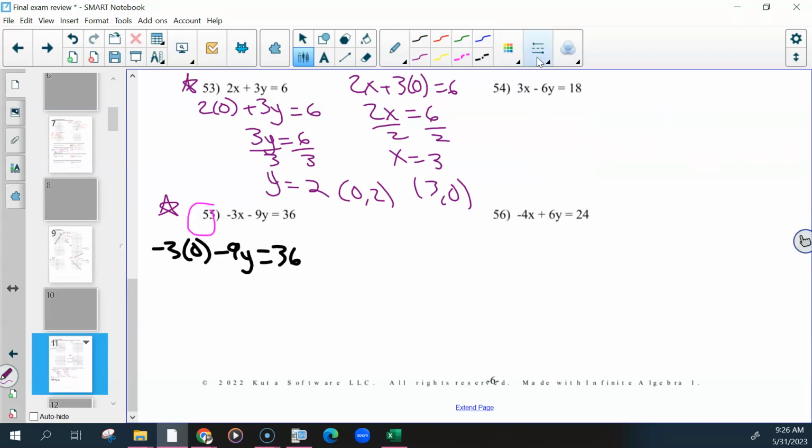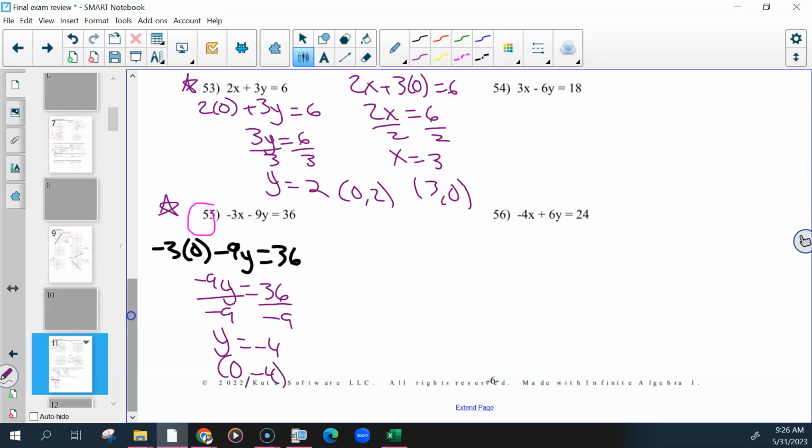We put 0 in for x and then solve for y. Divide both sides by -9. So we get -4. And then write that as an ordered pair.